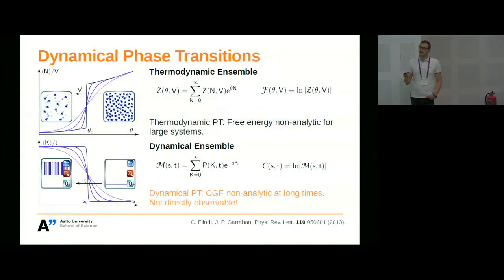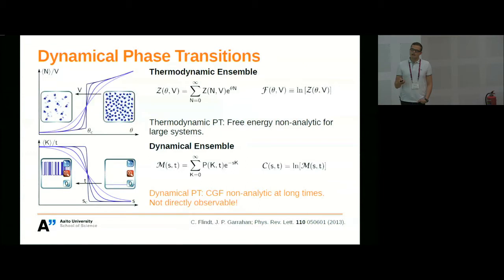And then the free energy is replaced with the cumulant-generating function. And now by sheer analogy, I can define the concept of a dynamical phase transition as a process where the cumulant-generating function becomes non-analytic at long times, in the region where I have many, many jumps, as a function of the counting field. So this is the idea, and here's the graphical analogy.